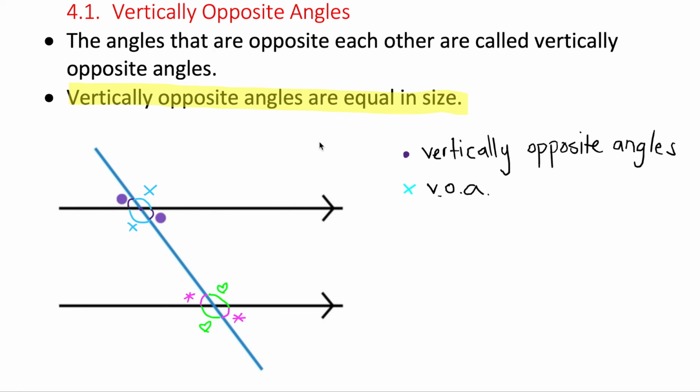And the same happens with our heart. They're called vertically opposite angles. And then the same happens with our asterisks. Vertically opposite angles, and therefore they're all equal. Those pairs are equal in size. Not that all of these ones are equal in size, no. Each pair is going to be equal in size. Wonderful. Please make sure that this is in your notes.